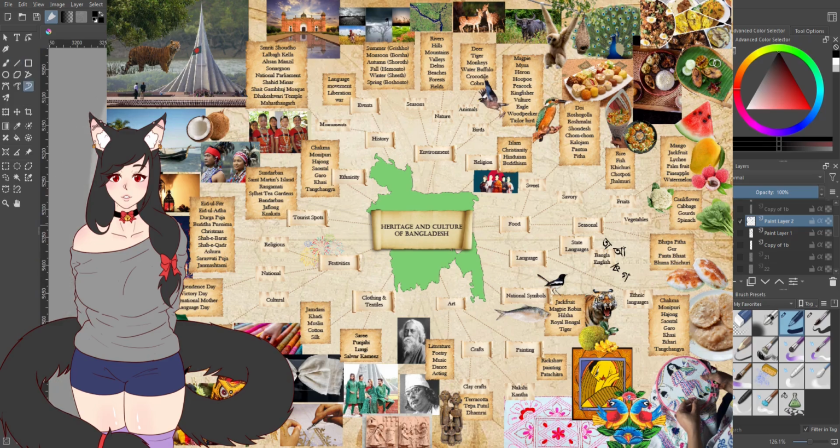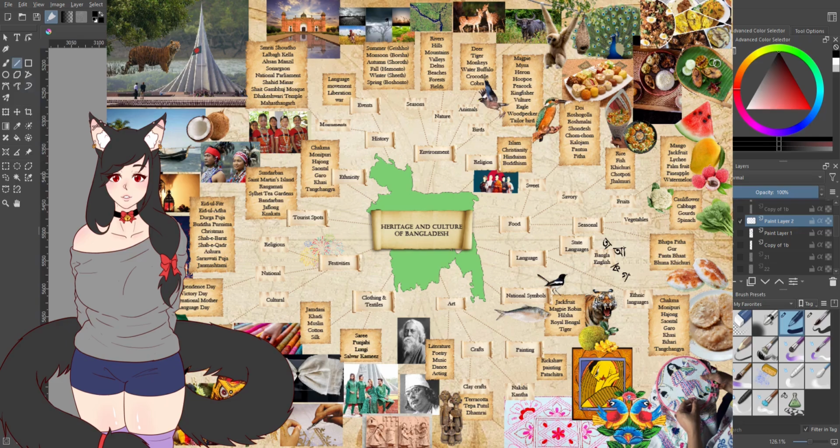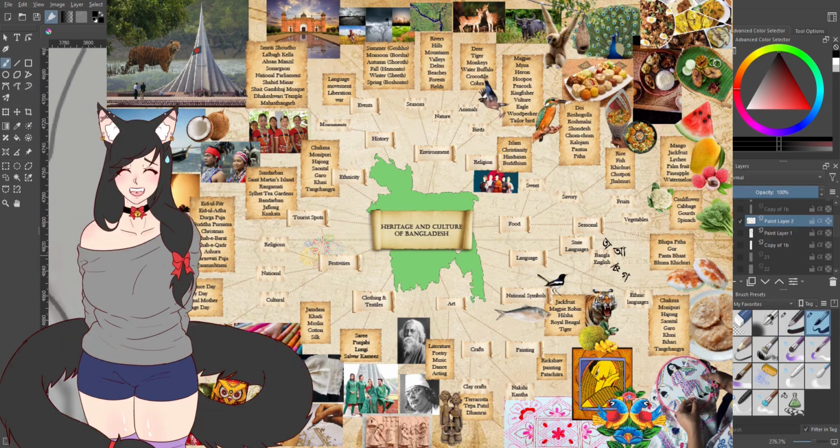We had to make a mind map on our country. As you know, Bangladesh, since our concept had to be centered within our country. Now, as you can see, it is not pretty whatsoever, but I tried, and it may not be pretty or organized, but it is what it is.